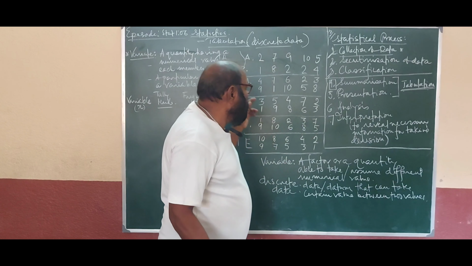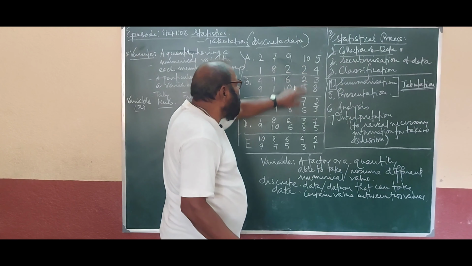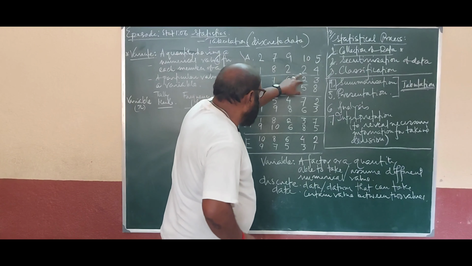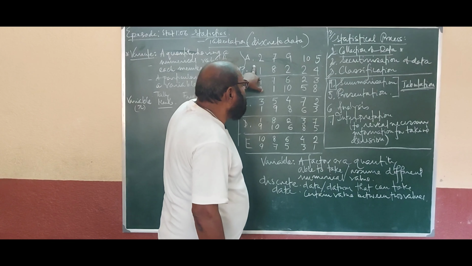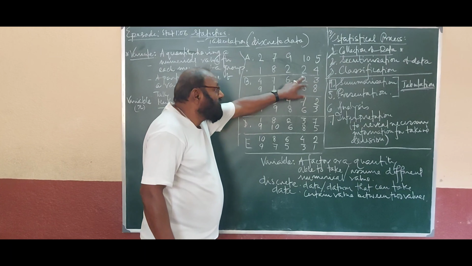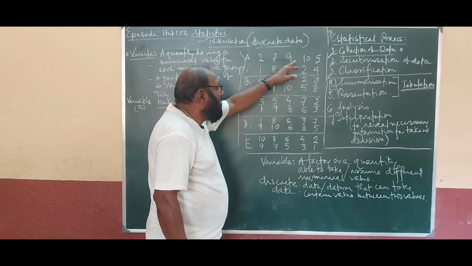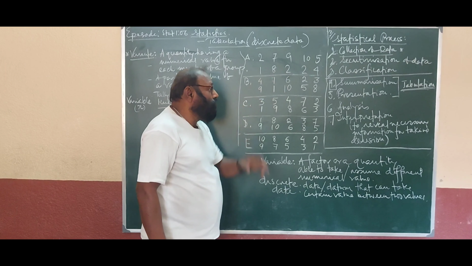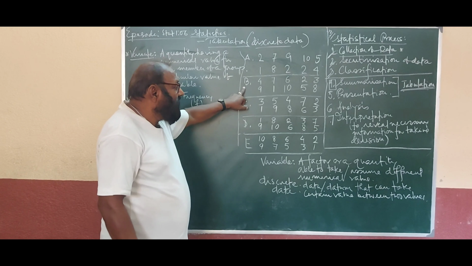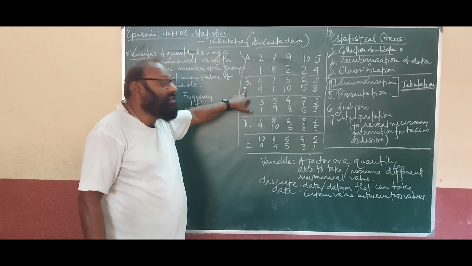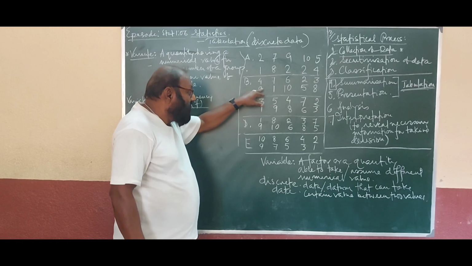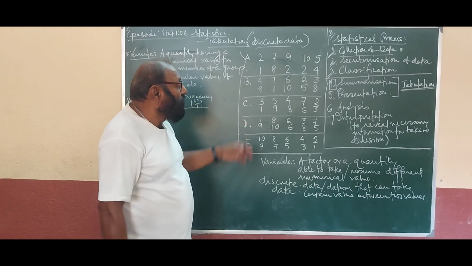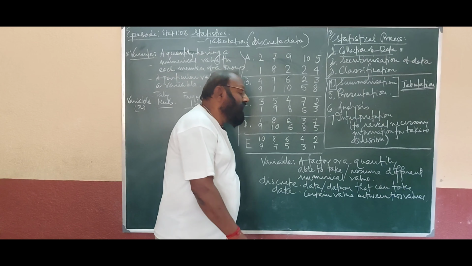These are the observations of Mr. A. He has collected the information of 10 candidates having these ages: 2, 7, 9, 10, 5, 1, 8, 2, 4, 2. Mr. B has also collected in the same manner: 4, 7, 6, 2, 3, 9, 1, 10, 5, 8.